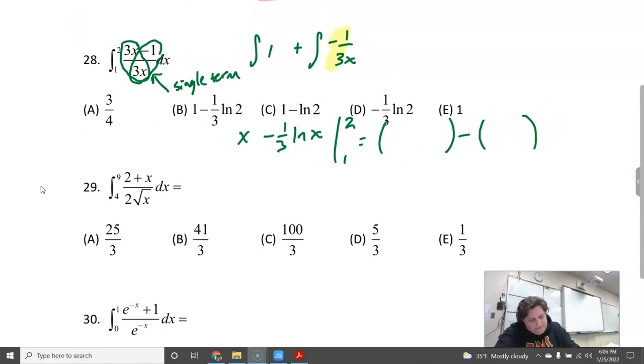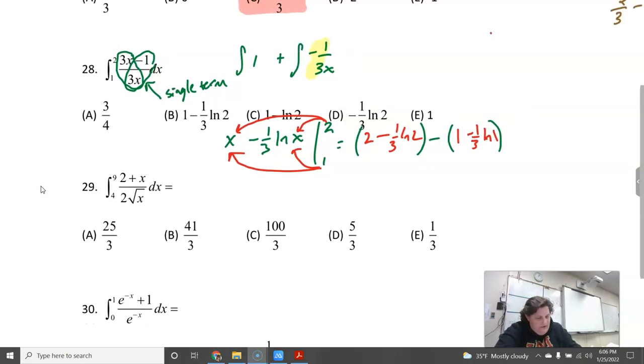Here we go. If I plug in 2, that's 2, and then that's 1/3 ln 2. Then that's 1, and then that's 1/3 ln 1. The big thing I want you to remember with ln's is that ln of 1 is 0.